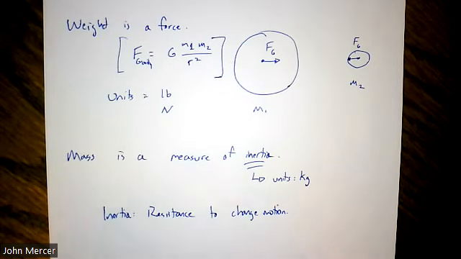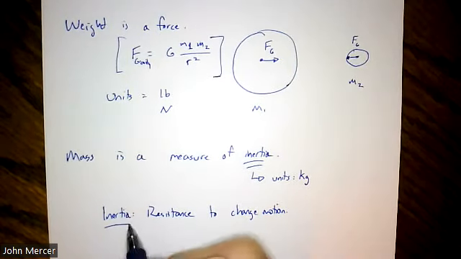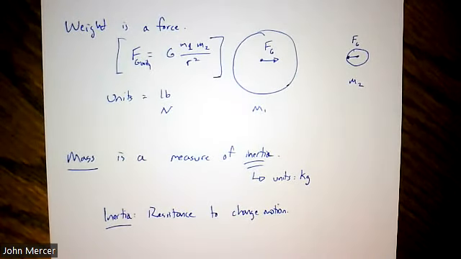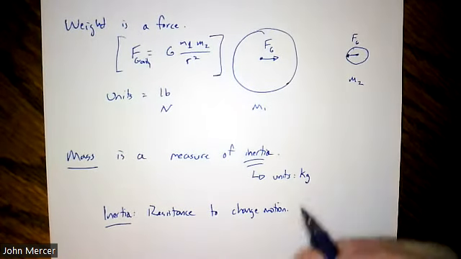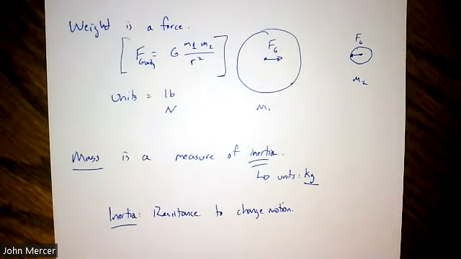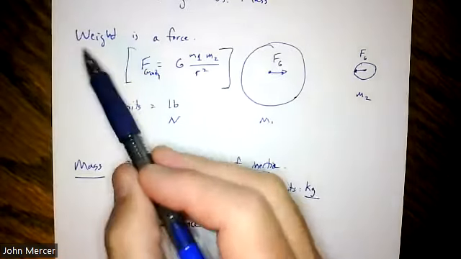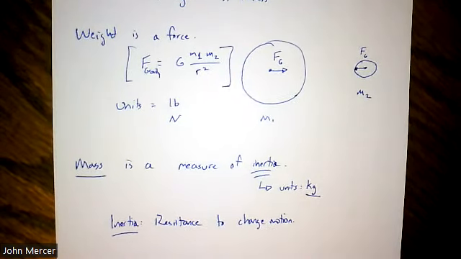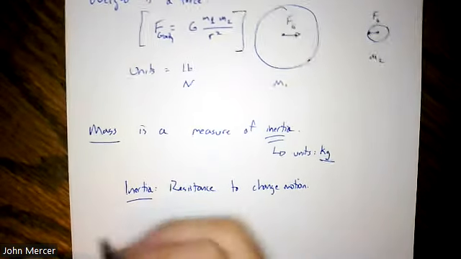Ping pong ball, easy to get it going, easy to stop it. So that inertia is quantified by determining the object's mass, and we use units of kilograms to represent inertia. So weight is a force, inertia is resistance to change motion, and is quantified by mass of the object, which is units of kilograms. Let's explore this a little bit more.